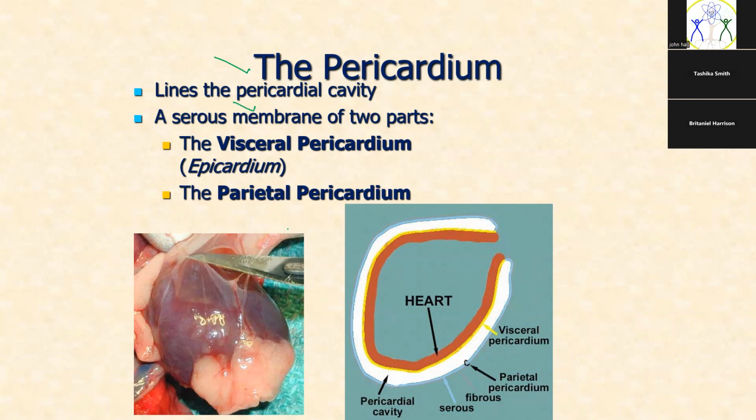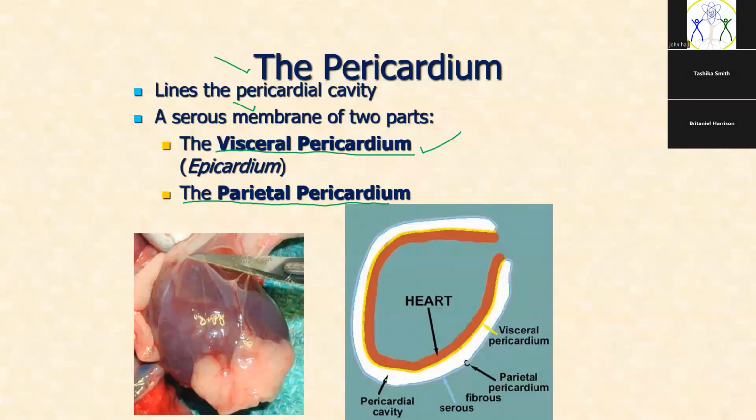The pericardium now has two main parts. You have what is called the visceral pericardium. This is the part that directly touches the heart itself. And you have the parietal pericardium, which is what they're lifting up here to show you, which doesn't touch the heart directly itself, but it does touch the chamber the heart is in, which is the pericardial cavity, right?